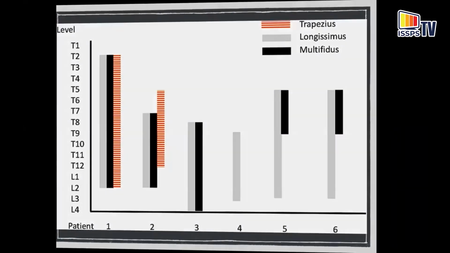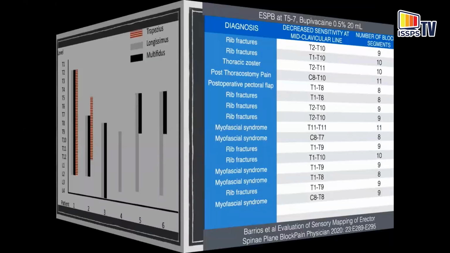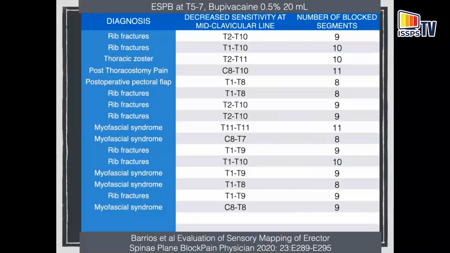Now we're going to go on to another clinical study, and here the Erector Spinae block at T5 level mostly, with ropivacaine 0.5%, 20 mils, has been used for severe acute pain. And I've listed the clinical conditions where the Erector Spinae block was used.